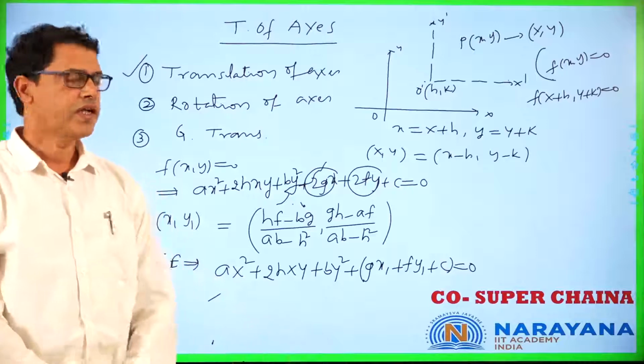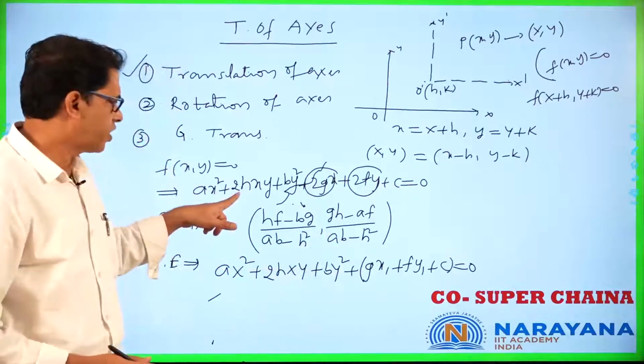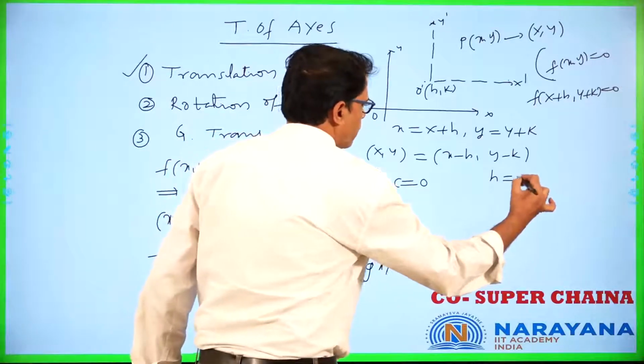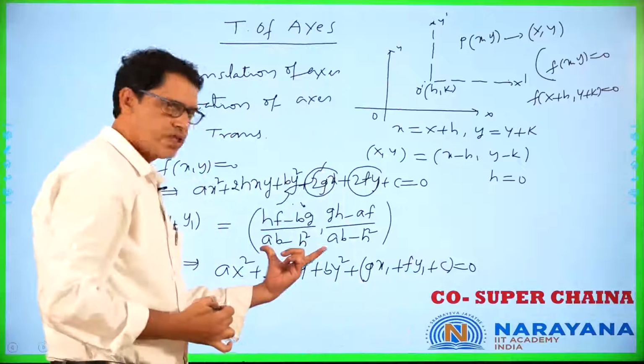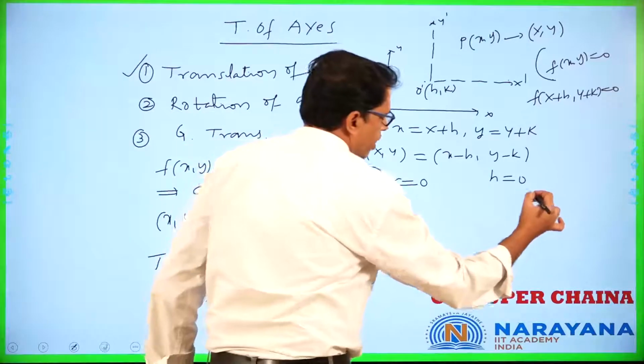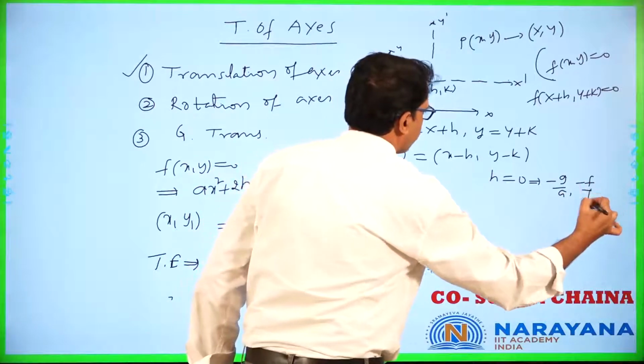Then sub cases. If in this equation h value is 0, then this point changes to what? Put h value 0. It changes to minus g by a, minus f by b.